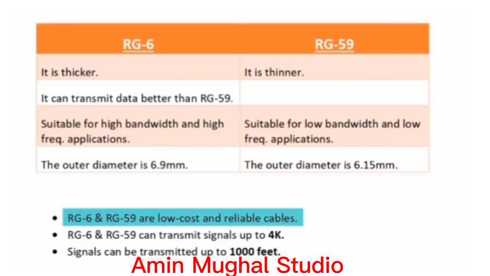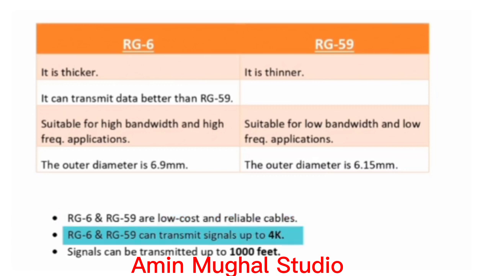And if your budget is low, then RG6 and RG59 are a good choice when selecting a CCTV system, because they have low cost and they are reliable. By using advanced technology, you can transmit video signals up to 4K resolution with these cables.